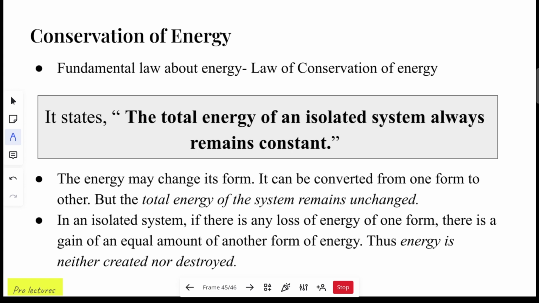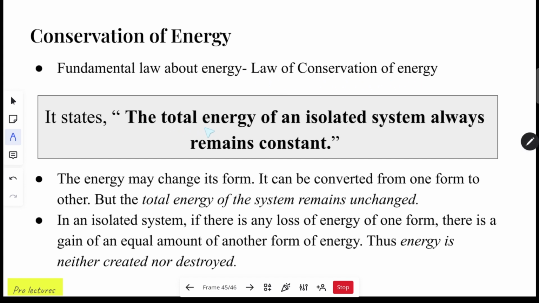Next is conservation of energy. We see around us various forms of energy, but we are familiar with some forms more than others, like electrical energy, thermal energy, gravitational energy, chemical energy, nuclear energy, etc. Now, these forms of energy are closely related. It can be changed from one form to another. And there is a fundamental law about this energy known as the law of conservation of energy.